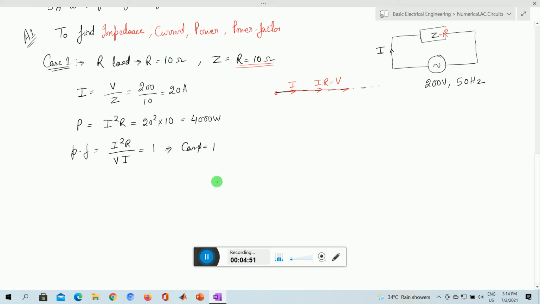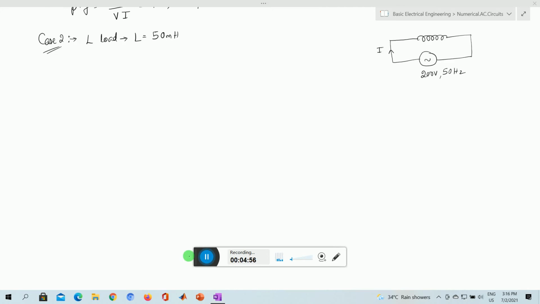Now we will go to case 2 with inductive load. Now only the inductor is connected across the AC supply. So we can write the value of Z as XL, the inductive reactance, which is equal to j omega L. So j into omega into L, that is j into 2 pi f.